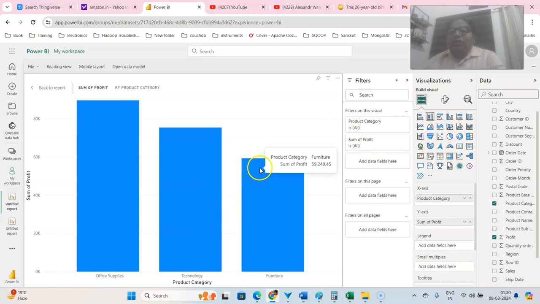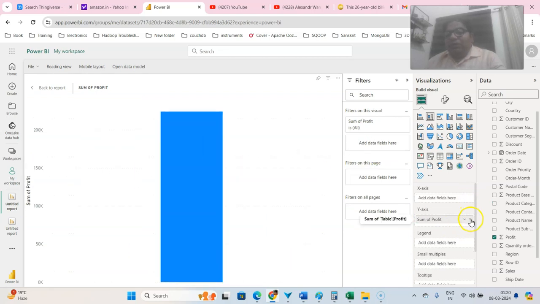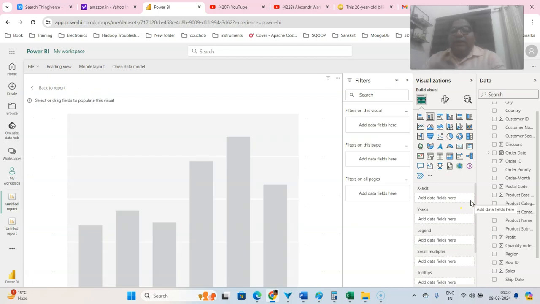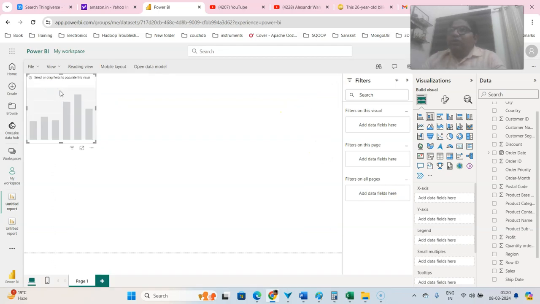Now let's talk about the line chart. Line charts are basically used if you are going for any sort of trend analysis. Trend analysis means you are plotting a graph based on the timeline. For example, for this particular year we have got this much profit, and the profit is growing or declining. Number of orders, are they increasing or decreasing in that particular time frame. In that case, we can use the line chart.